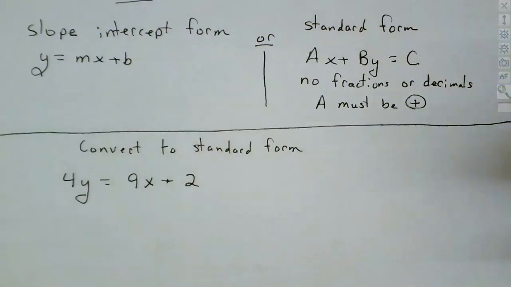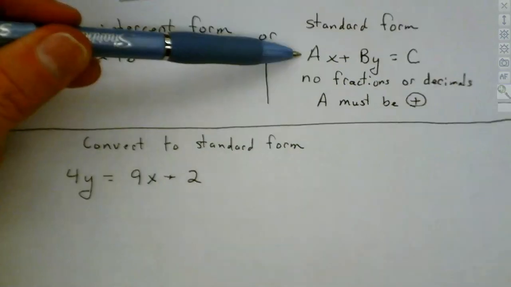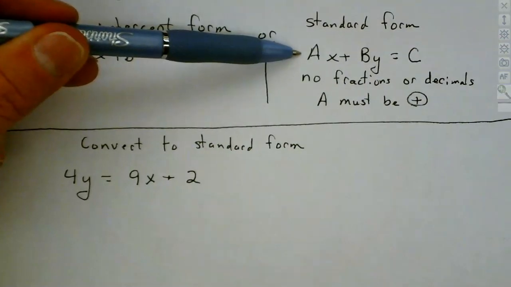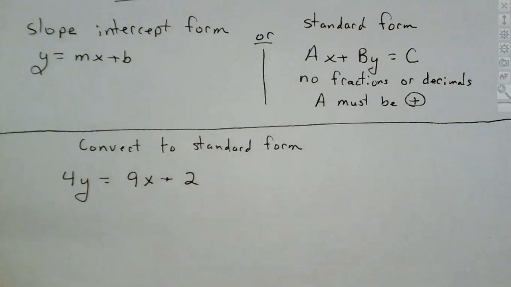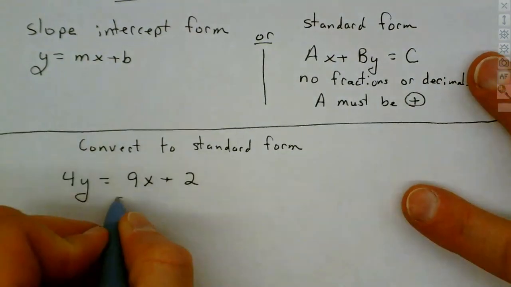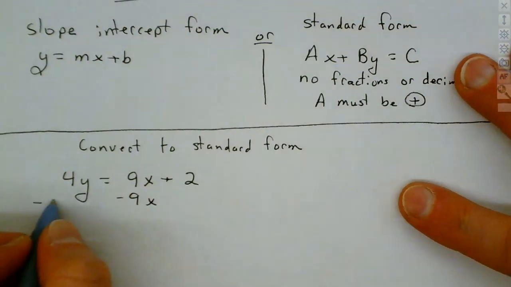And this one's going to be very easy to write in standard form. So what does standard form look like? This is what standard form looks like. The x's and the y's are on the same side. No fractions and no decimals. So how do we convert this one to standard form? It's pretty easy. All we need to do is move the 9x over.